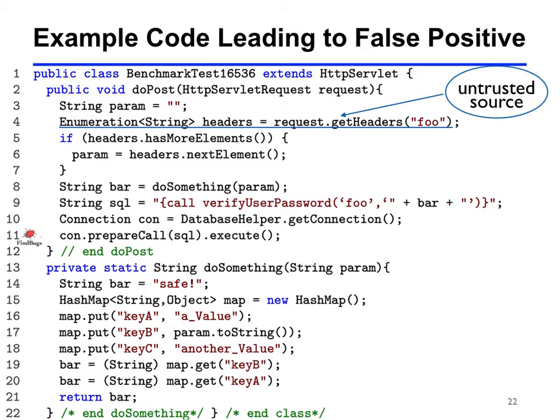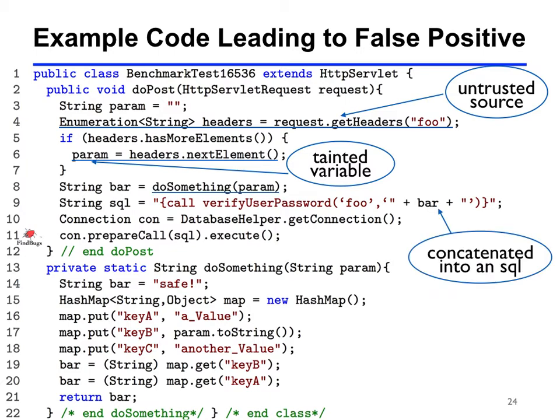Note that this is an untrusted source because malicious parties can leverage this to create a security threat for the system. Therefore, the param variable is considered a tainted variable at this point because the value came from an untrusted source. Then at line 8, param is passed as an argument to the doSomething method, which returns a string value read into the string variable bar.